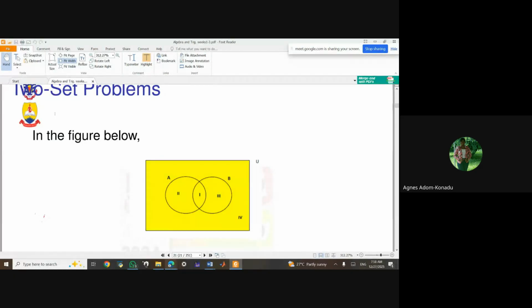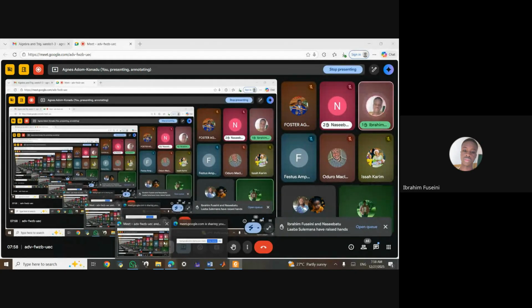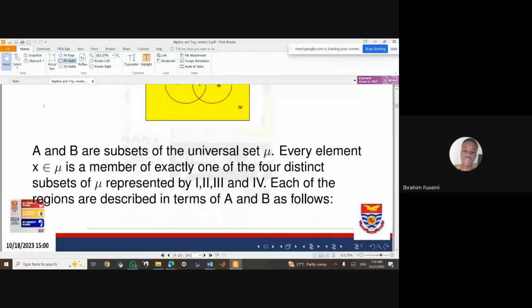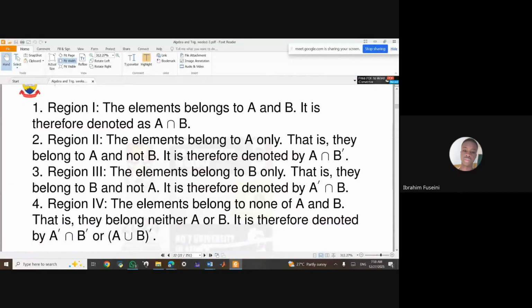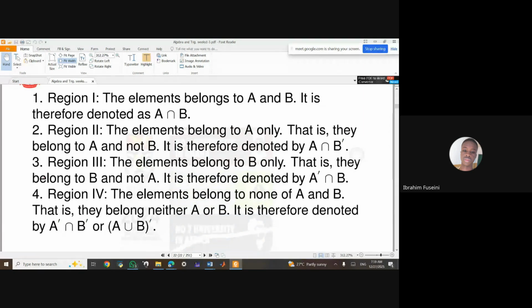So for this question, please, hello, there's a hand up. Ibrahim. Madam, good morning. Please, can you write the description of the sets or the regions on the same page as where the figure is, so that it will be clear for us to see? In the notes, they are not on the same page, so it's not clear.